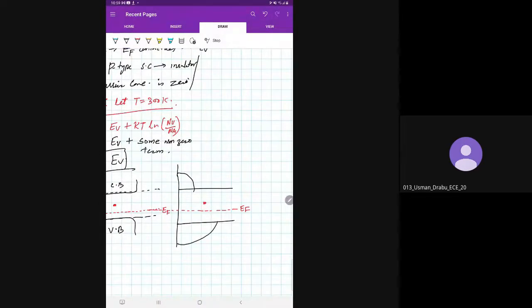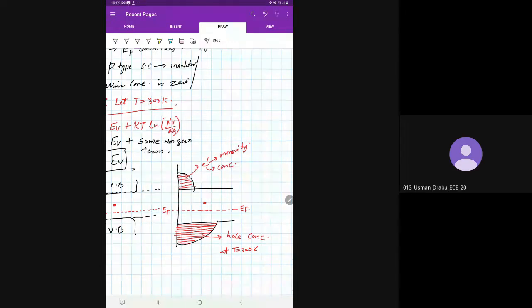In a P-type semiconductor, the hole concentration is very high as compared to the electron concentration. So this is the hole concentration at T equal to 300 Kelvin, and this is the electron concentration, because in a P-type semiconductor electrons are minority carriers and the concentration will be very low.